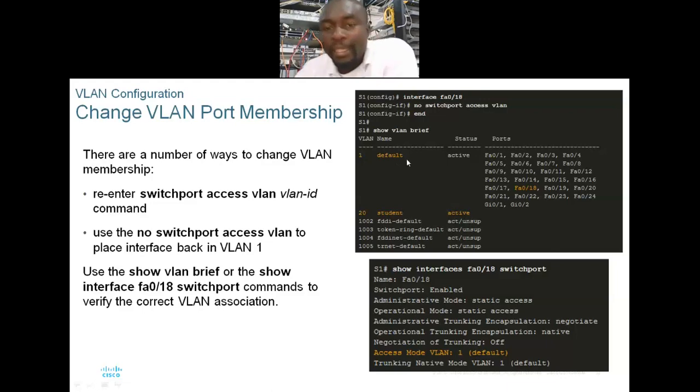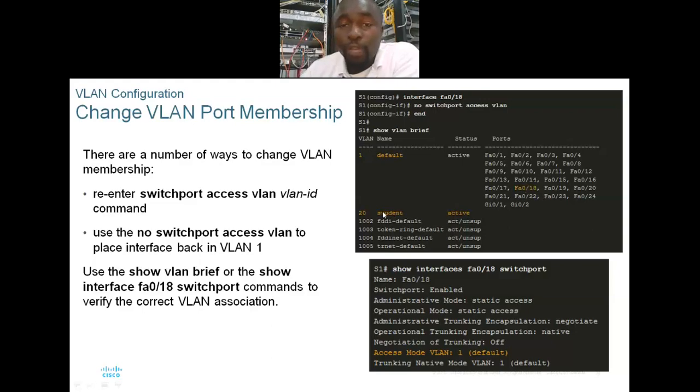So what we are saying here is that under this particular command, for instance, show vlan brief, I have my default VLAN 1 and I have all the ports that are here. Now I have VLAN 20, which is a student VLAN, and I wish to move port 0/18 to this VLAN.